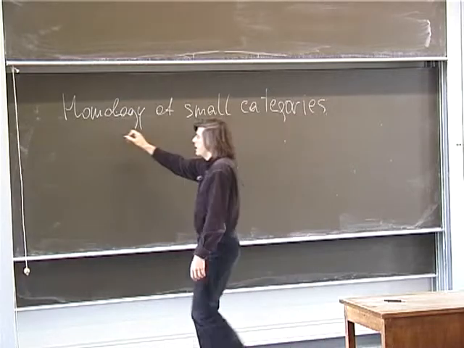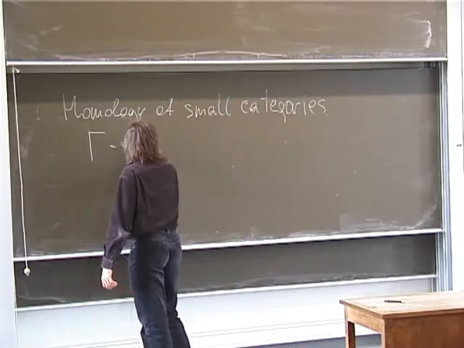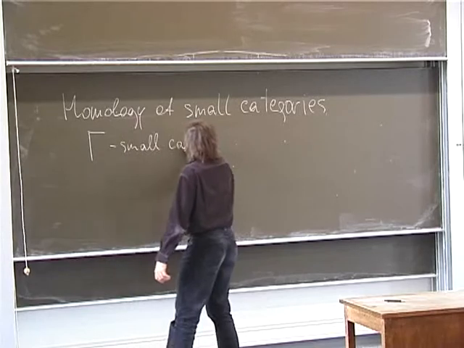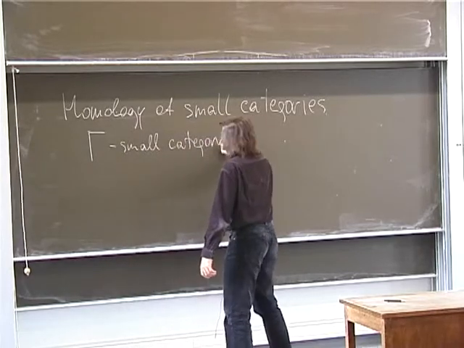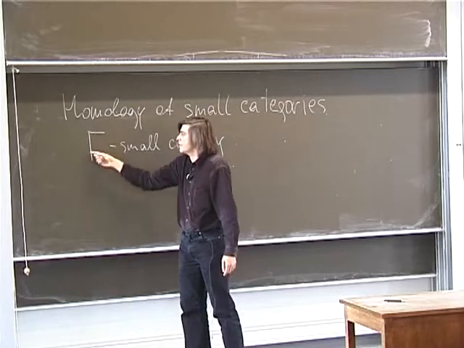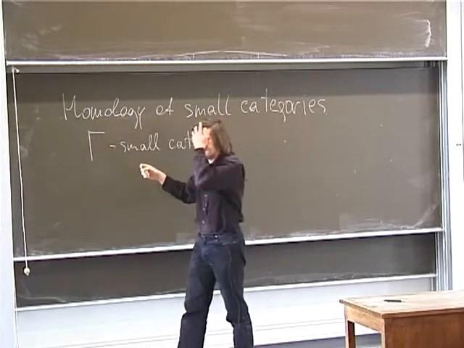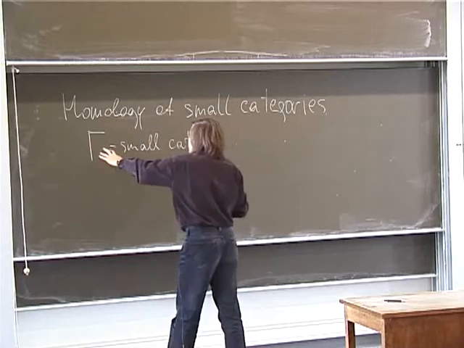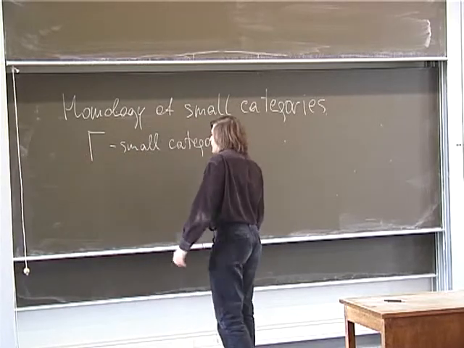So assume we have some small category gamma. Formally, small means that the objects and the morphisms form a set, but you really should think of it as some kind of combinatorial data. Our categories will be really very, very small.